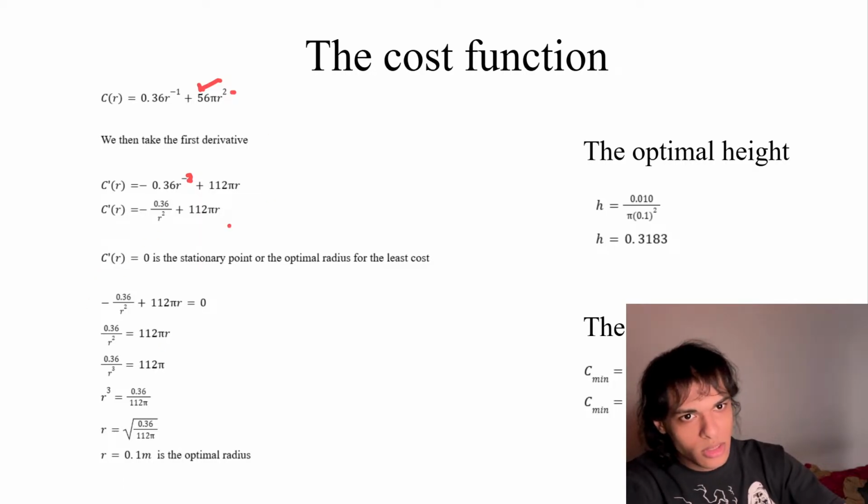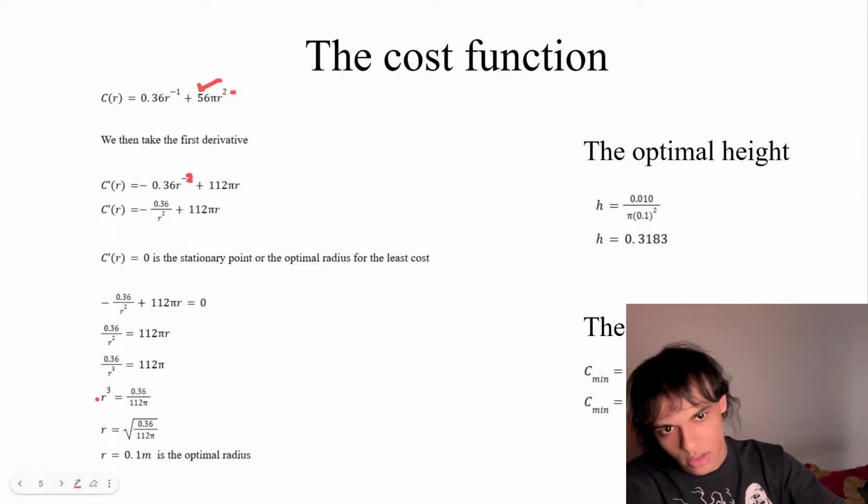Next, in order for us to find the stationary point for the optimal radius, because we want the optimal radius, right? For the optimal radius, we need to zero everything. So equating this formula that we got here to 0 will give us the optimal radius for the least amount of money, okay? So basically, we equate this to 0, we take this to the other side. Now it's positive, and by simple replacement, we take the r to the other side.